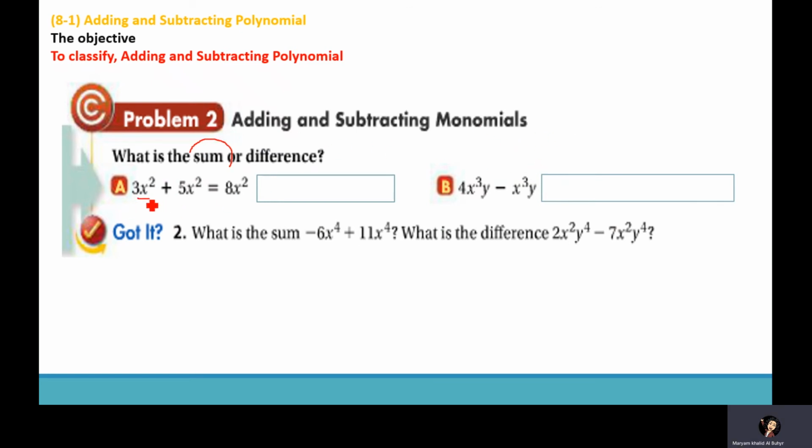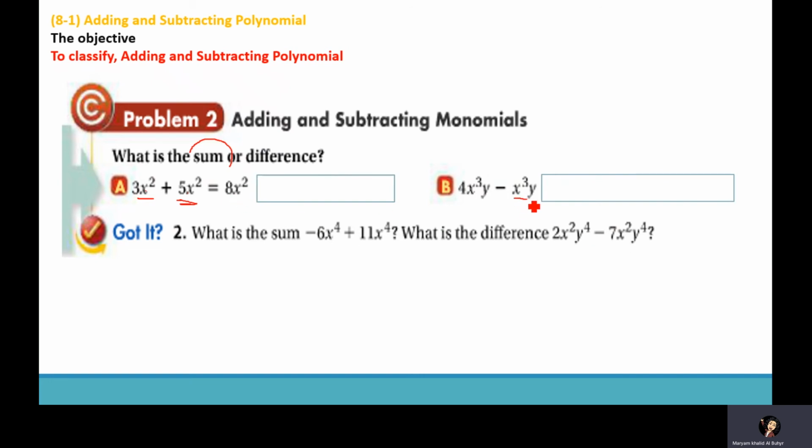If I have two monomials like this, once I add or subtract them, if they are like terms, I mean they have exactly the same powers and the same variables, just add their coefficients. So this will be 8x to the power 2.